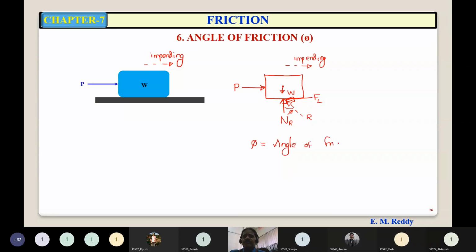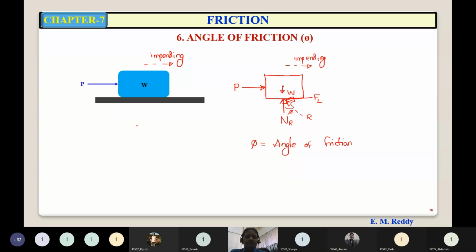See, all these points are important, especially for online examination MCQs. So angle of friction is defined as the angle made by the resultant of normal reaction and limiting friction with respect to the normal reaction. That is the angle of friction.